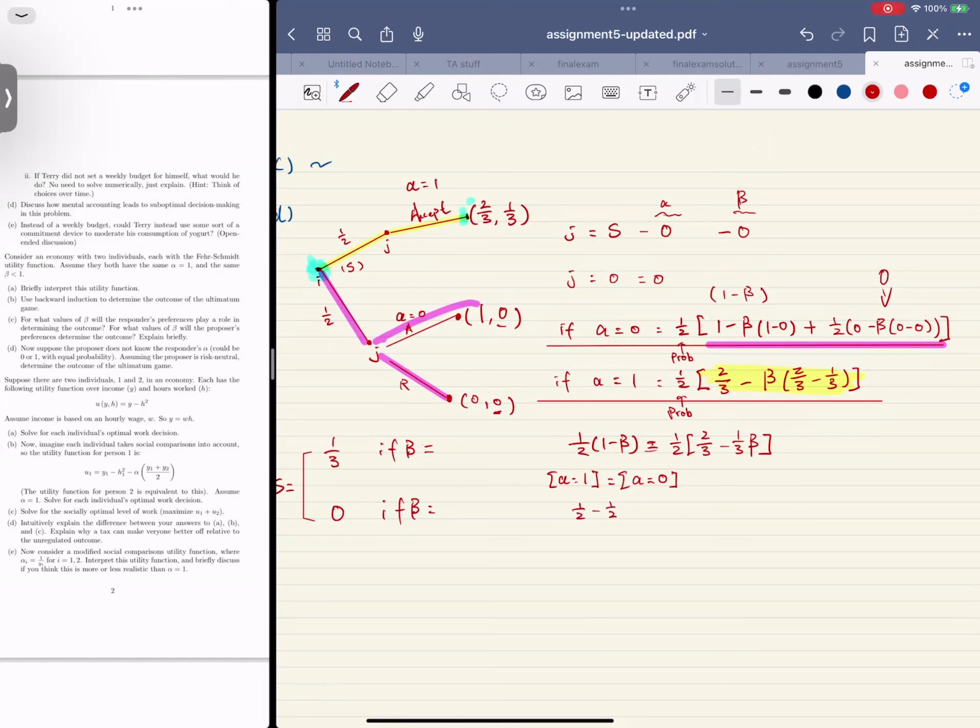I don't want to rush the math. I shouldn't simplify, I should just cancel out. Right? 1 minus b equals 2/3 minus 1/3 b. So minus b plus b, we have 2/3 b equals 1 minus 2/3.